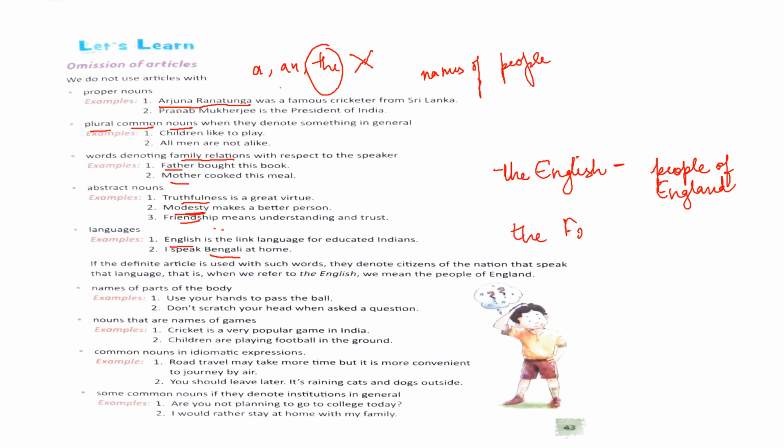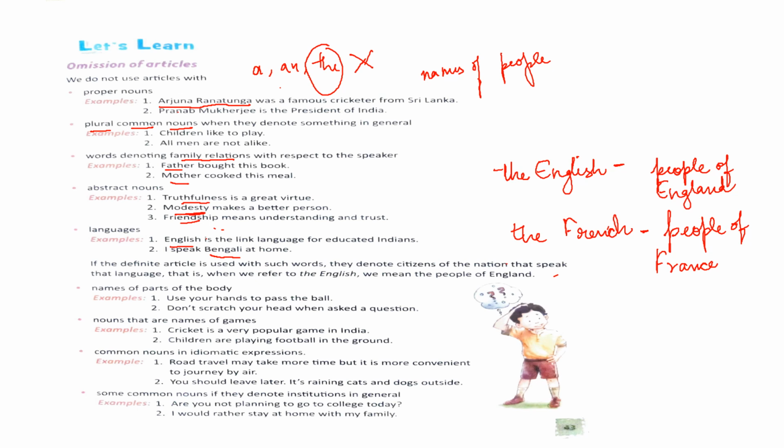French is the name of a language, but when I add the definite article, what I mean is people of France. Here the meaning changes. "The French" does not mean the language, it means people of France. That is, you are referring to that group of people. You have to be careful here.